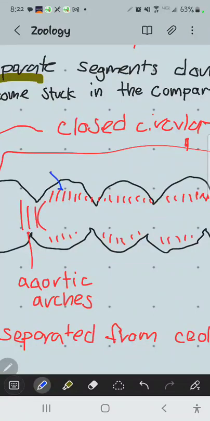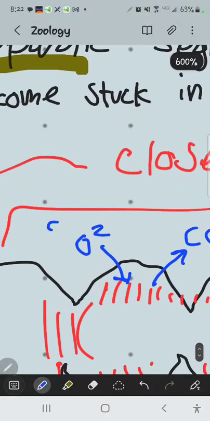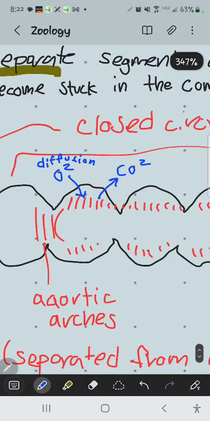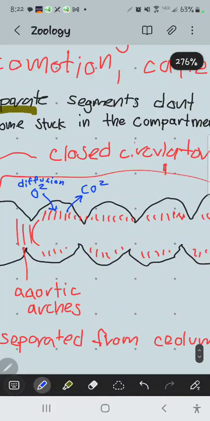Oxygen diffuses in through the skin, but the enhancement here is that the circulatory system carries that oxygen throughout the body with a little more efficiency. And the closed circulatory system also includes blood pigments like hemoglobin.